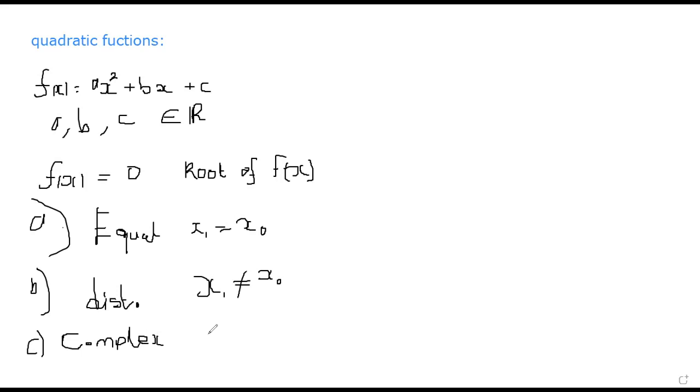When the roots are complex conjugates, it means x1 is equal to the conjugate of x0, so x naught would be the conjugate with an asterisk there. x1 is the conjugate of x2, or x2 is the conjugate of x1.